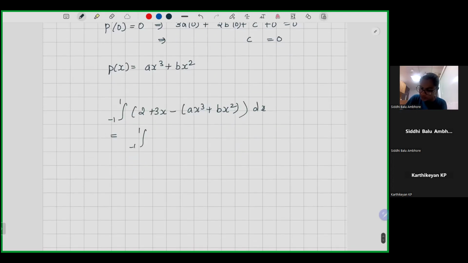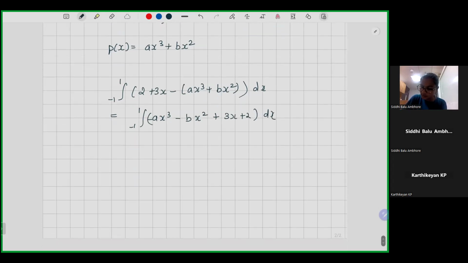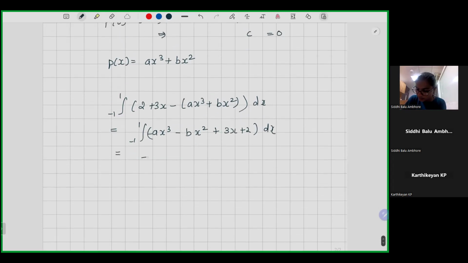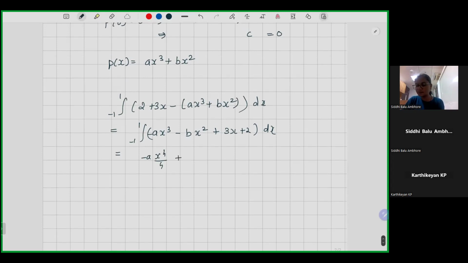So it is equal to the integration of minus ax cube minus bx square plus 3x plus 2, squared.